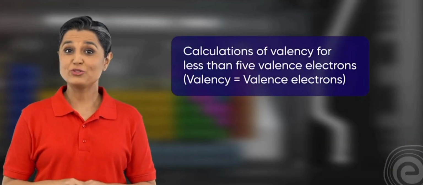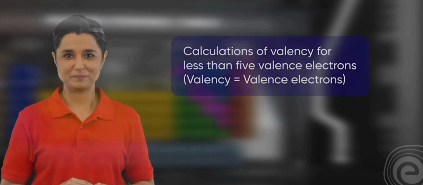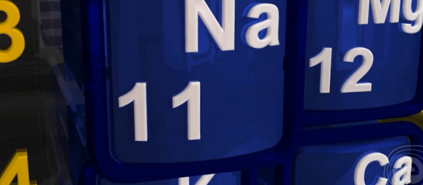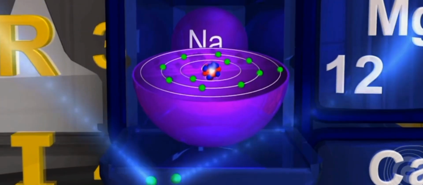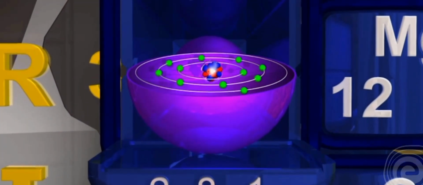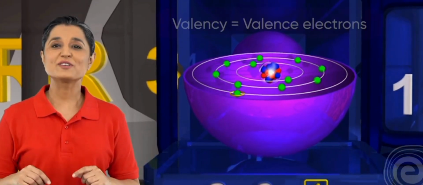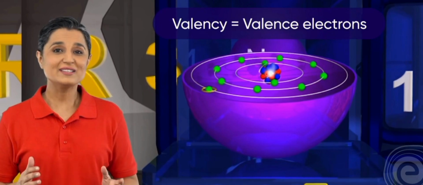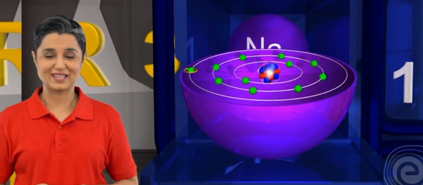Now we will study those atoms which have less than 5 valence electrons. Consider an atom of sodium with an atomic number 11. It has an electronic configuration 2, 8, 1. Thus, sodium has one valence electron. For such atoms, their valencies are equal to the valence electrons.